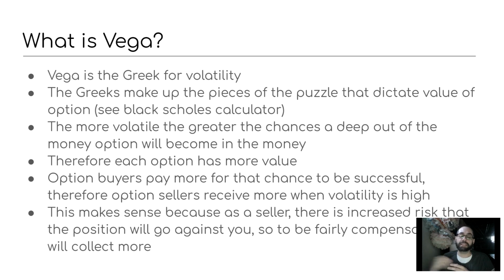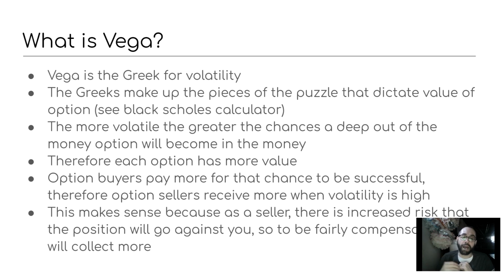So even though it has relatively little value at the moment, the chance of it coming into profitability is greater because it's making more wild swings. So I'm going to pay a little bit more for that chance. You see the difference between those two scenarios.